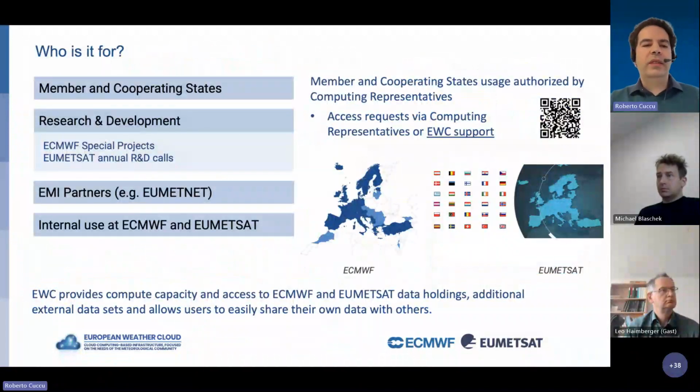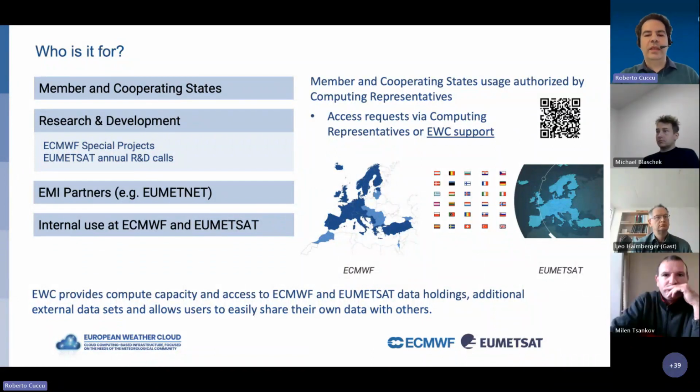So who is the cloud for? Who can request access to the cloud? Users of the member and cooperating states that are authorized by the computing representative of the respective countries. We provide the list of the computing representatives on our website, which is also available by following this QR code.